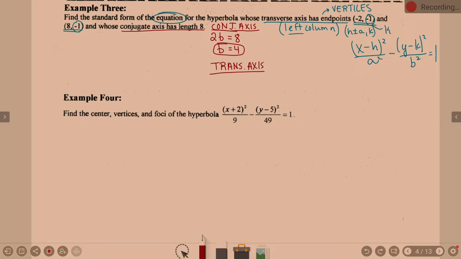If my transverse axis goes from -2, so left 2, down 1, and it goes right 8, down 1, what is the distance from (-2, -1) to (8, -1)? In other words, what's the distance from -2 to 8? And that's 10, yes? So if you can visualize that difference, we can say, okay, the transverse axis, 2a equals 10, so a equals 5.